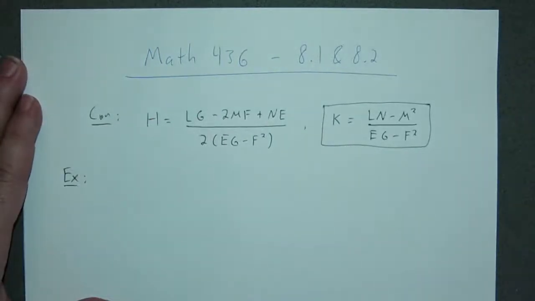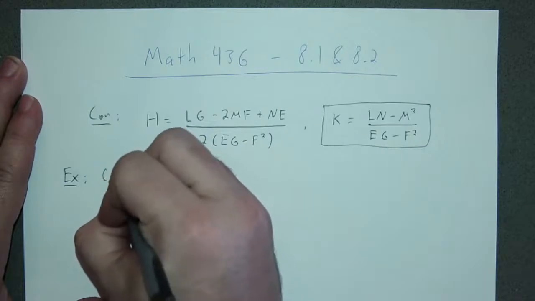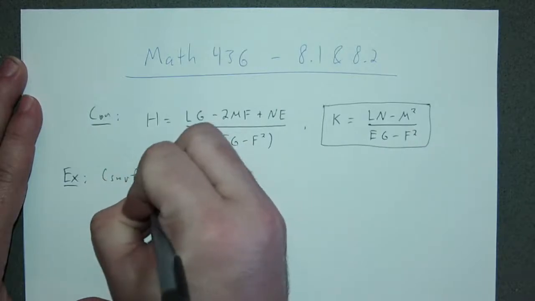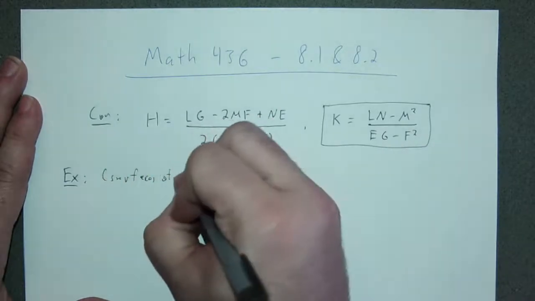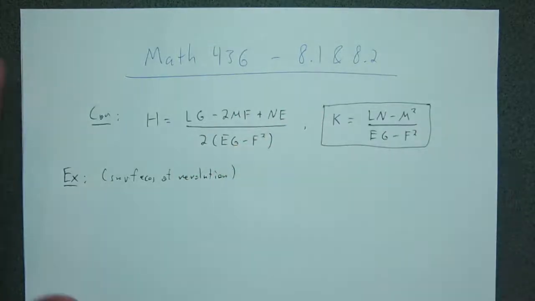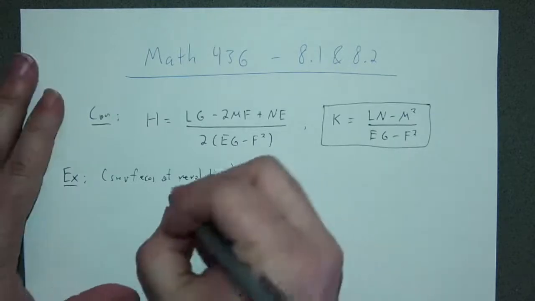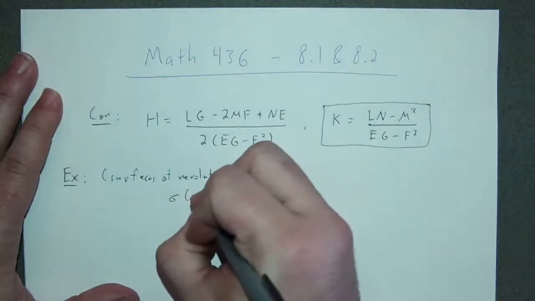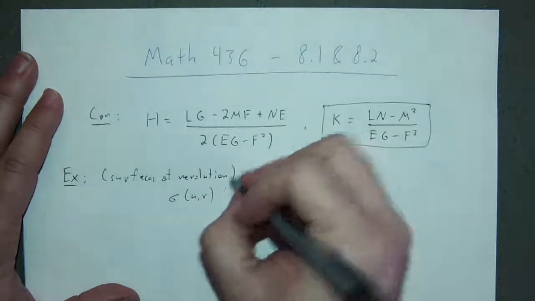Our favorite class of surfaces are surfaces of revolution. If I want to apply this to surfaces of revolution, let's say I have my usual surface of revolution given to me by a surface patch.